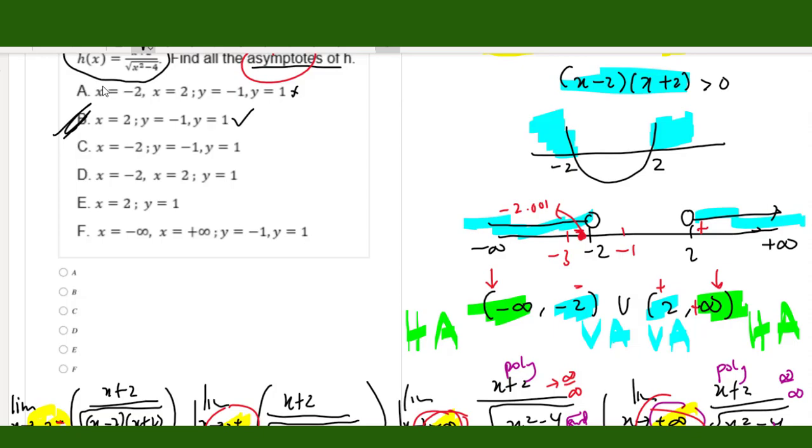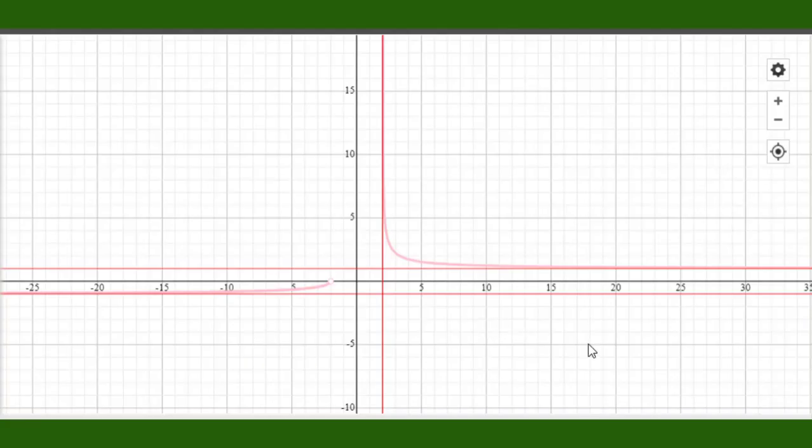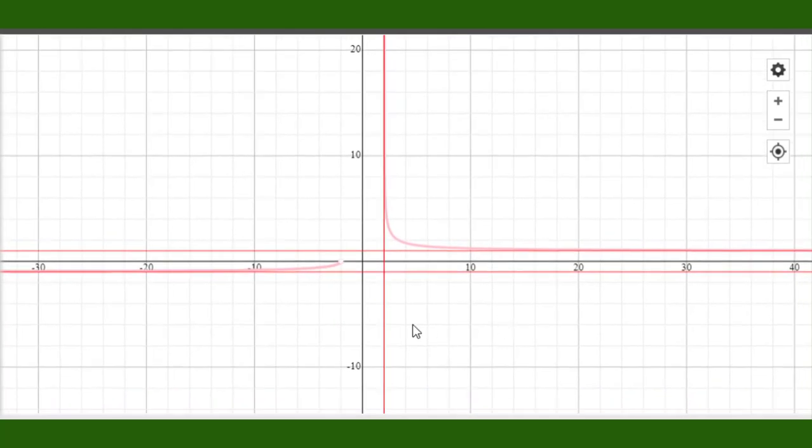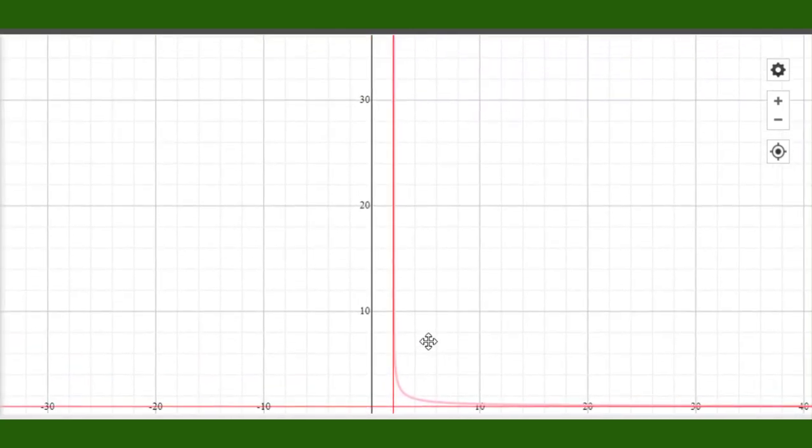Okay, done. This is the graph for the function x plus 2 over the cube root of x squared minus 4. As you can see here, when x is equal to 2, this is a vertical asymptote.